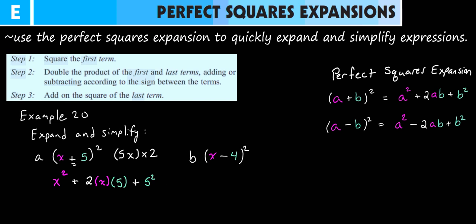Let's simplify a couple of these things here really quickly. We have x squared plus 2 times 5 is 10, 10x plus 25.